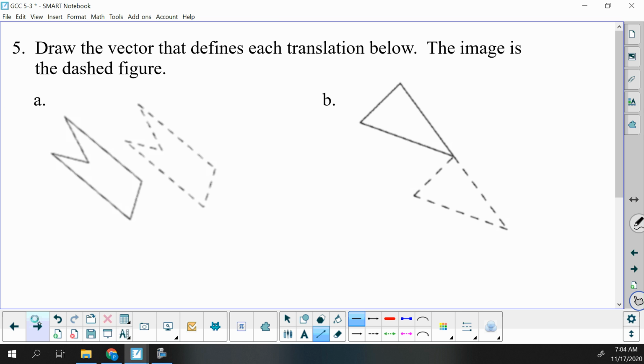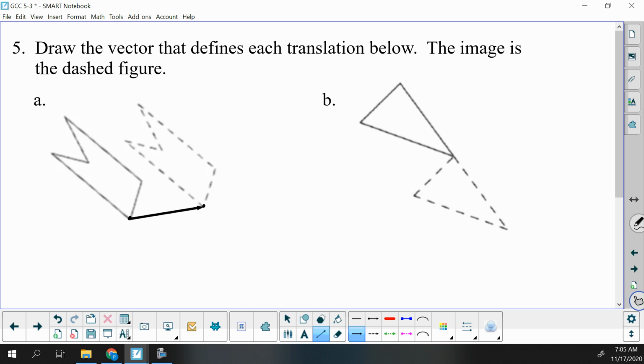Down in the bottom, our pre-image is the solid figure, and the image is the dashed figure. And all we're going to do is draw our vector that shows the translation. So we're going to pick 2 corresponding points, and you can pick any 2 corresponding points. And you're just going to draw an arrow that goes from your pre-image to the image.